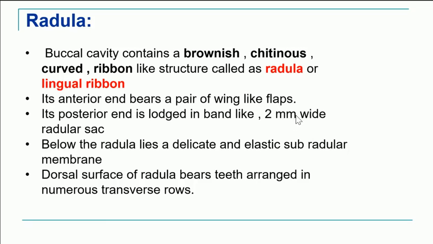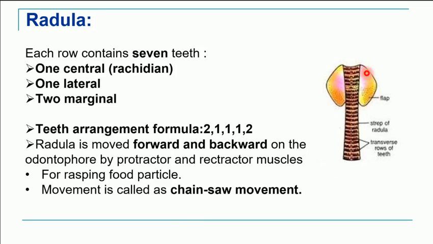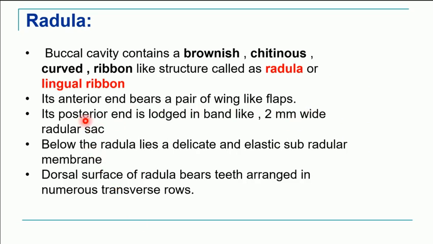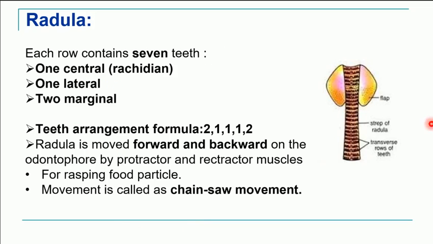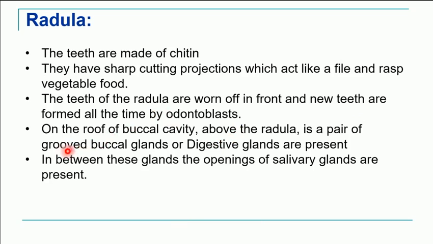In the next slide, we will see the picture of the radula. Here you can see it has a flap-like structure, and the posterior end is lodged in a band-like radular sac. In this you can see the presence of this radular sac.